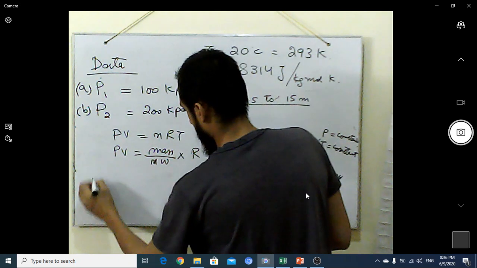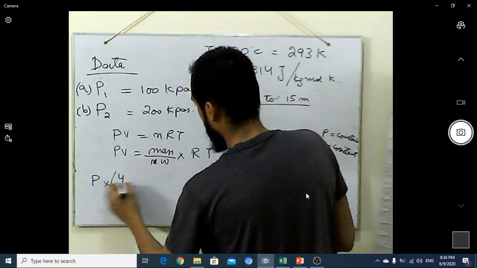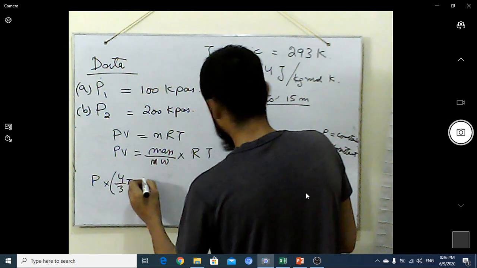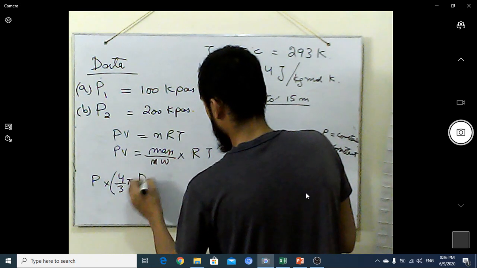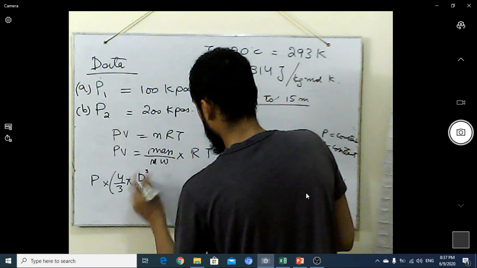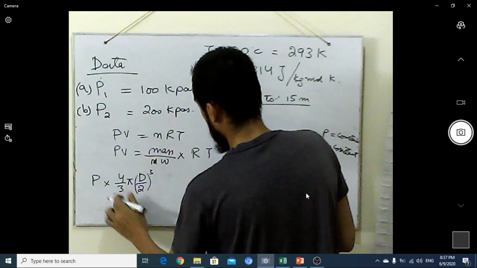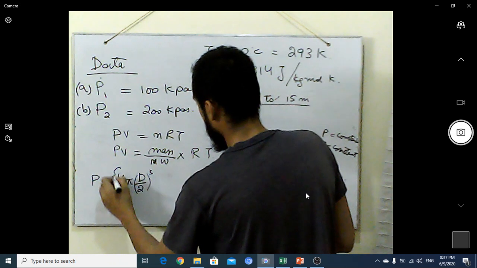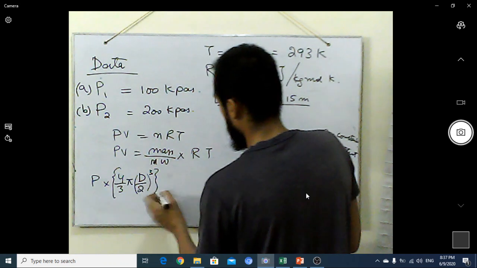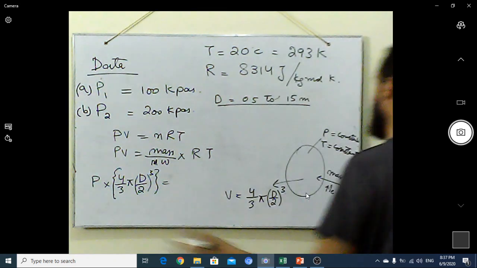And this is the volume formula, 4/3 pi d cubed over 2. I retain this in this form. You may resolve or simplify this equation, but when you are solving it with the calculator, you don't need to do that.